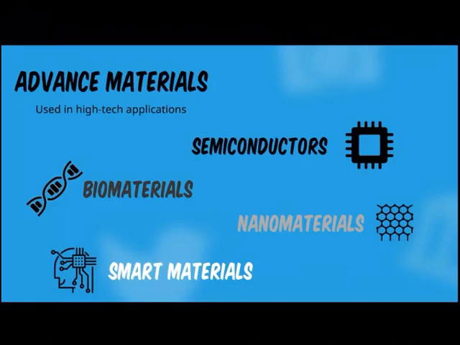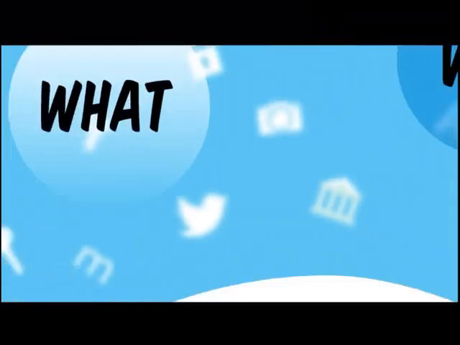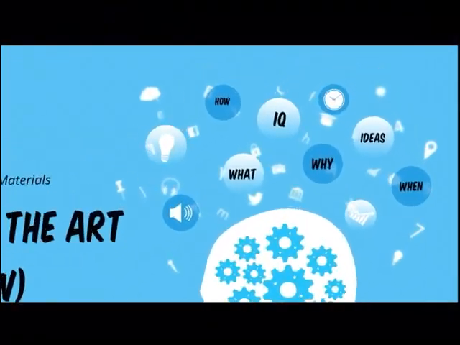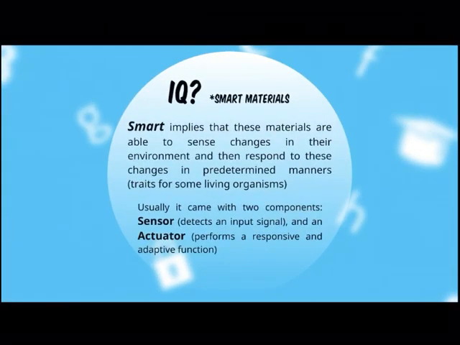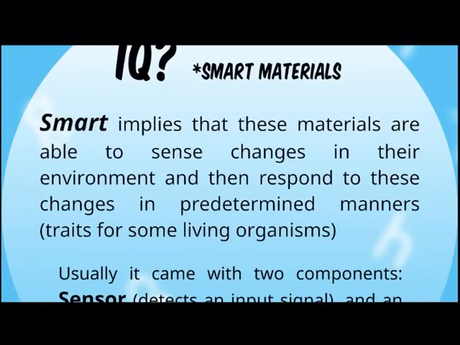And then smart materials. And what is smart materials? Okay, in smart materials, this implies that these materials are able to sense change in their environment and then respond to these changes in predetermined manners.